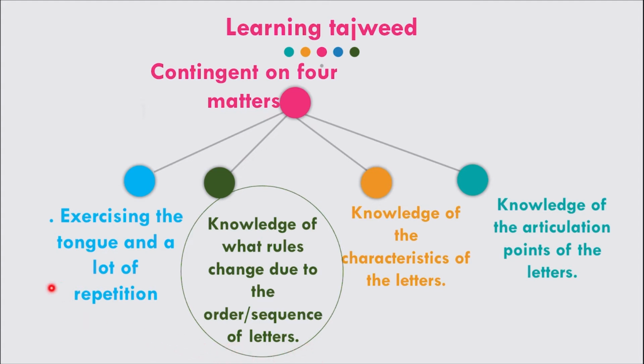Your duty here is exercising the tongue and a lot of repetition, because this is yours. I can't help you in this, but you need to exercise your tongue and repeat a lot. And after finishing the rules that may change due to the order of the letters, you will have done all of the Tajweed rules that you need to know, inshallah.